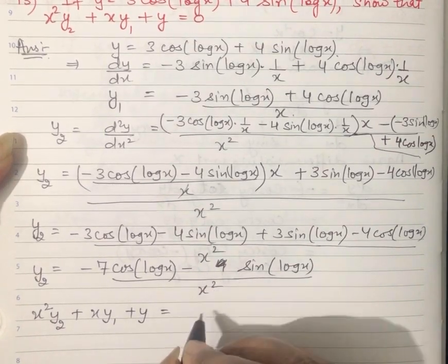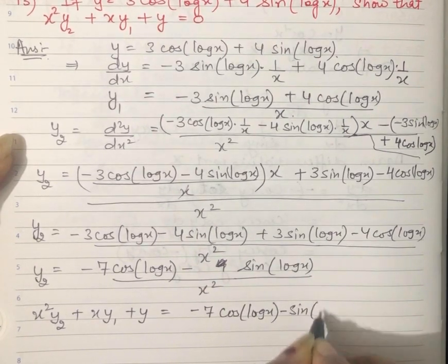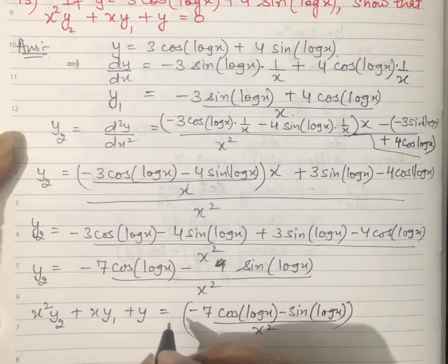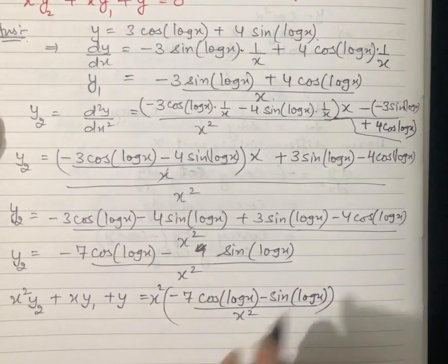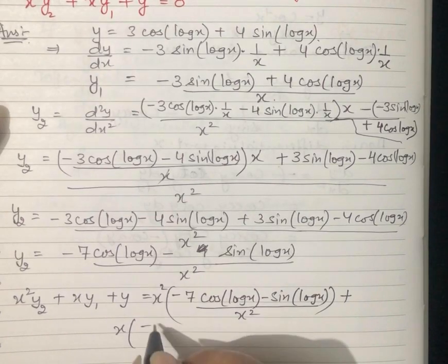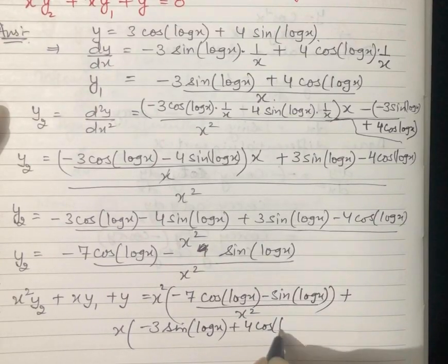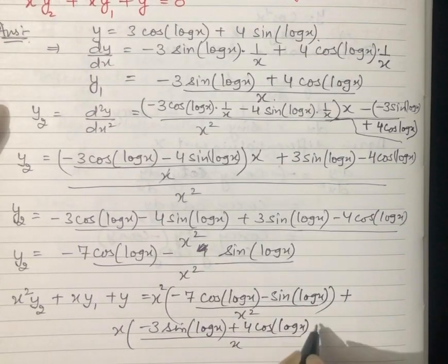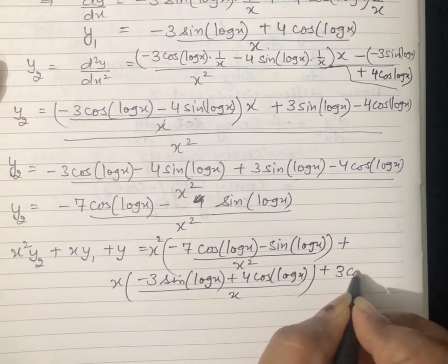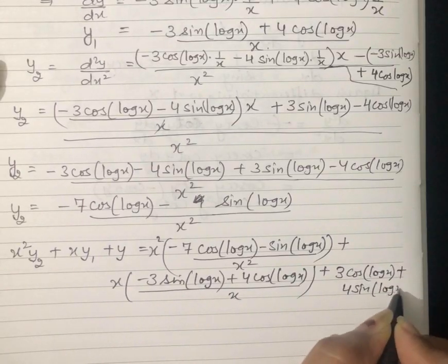So x square y2 will be minus 7 cos of log x minus sine log x upon x square, and outside there is also x square, then plus x, value of y1 is minus 3 sine log x plus 4 cos log x upon x, and plus y is 3 cos log x plus 4 sine log x.